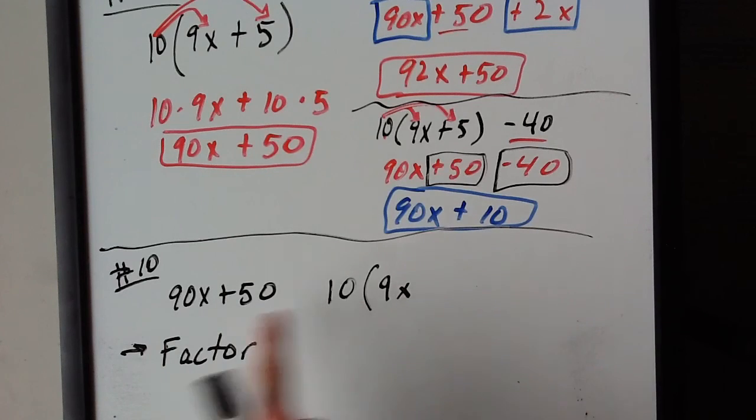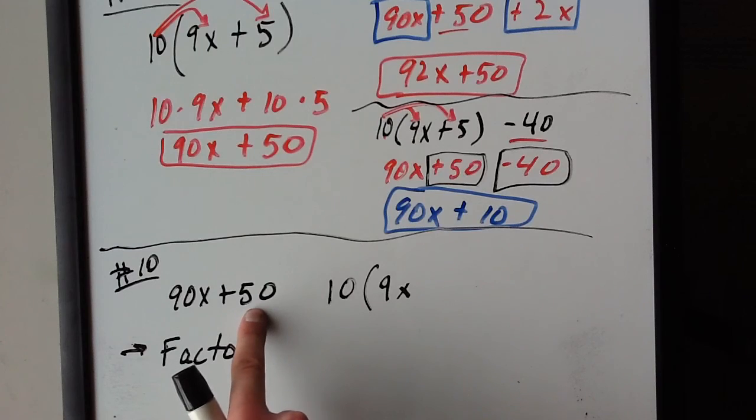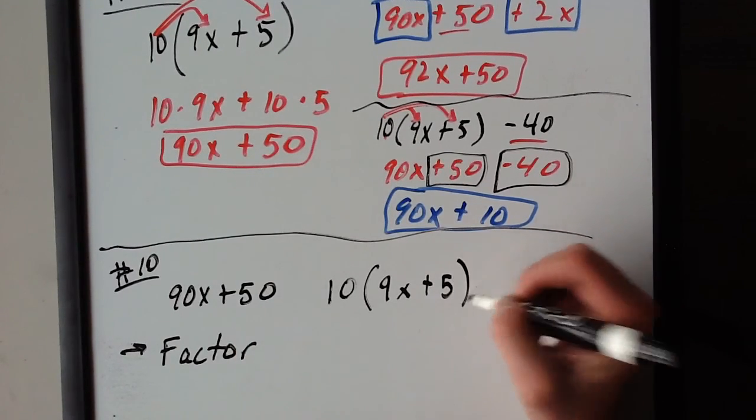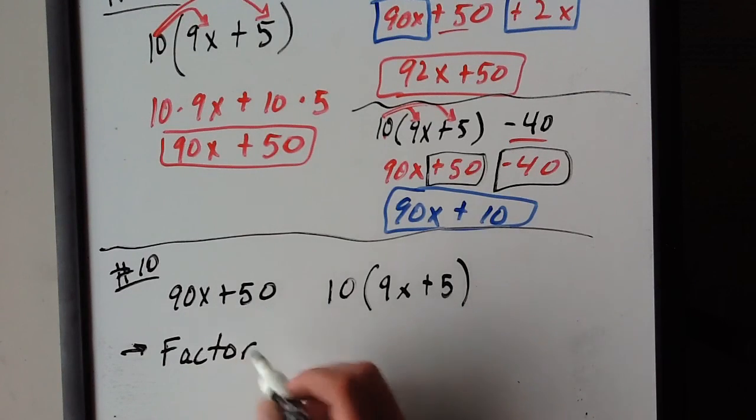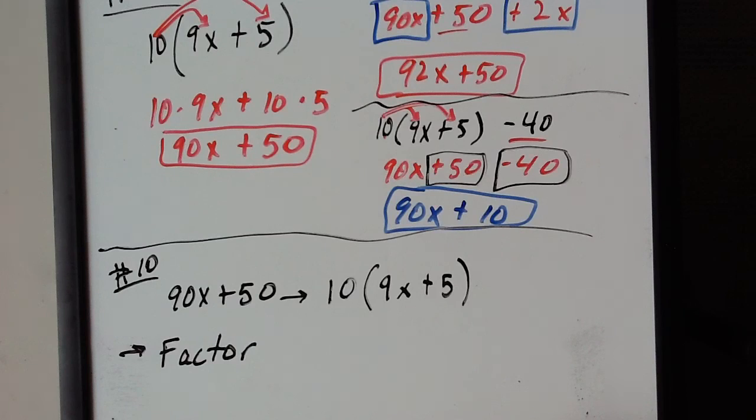So 10 times 9x would be 90x. And then 10 times what number is going to give you 50? Well, 10 goes into 50 5 times. So 90x plus 50, if I factor that, I get 10 times 9x plus 5.